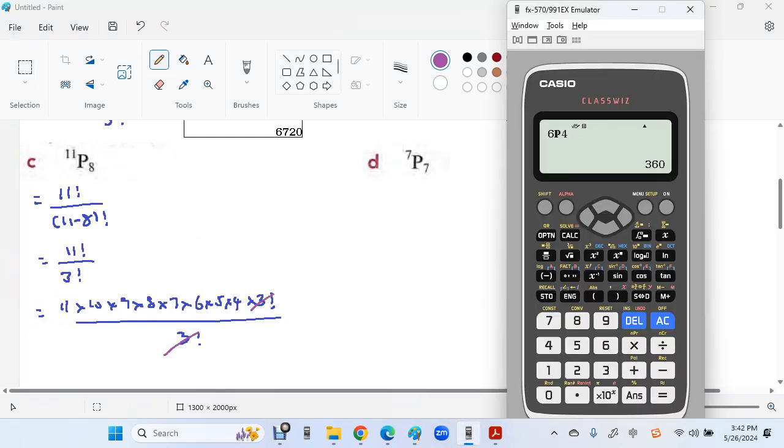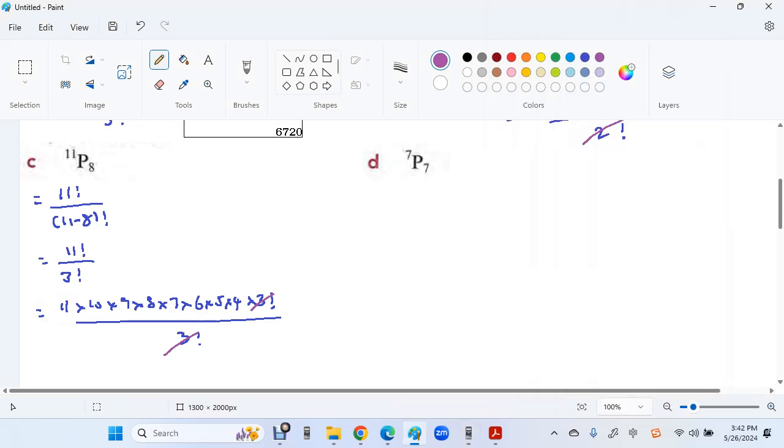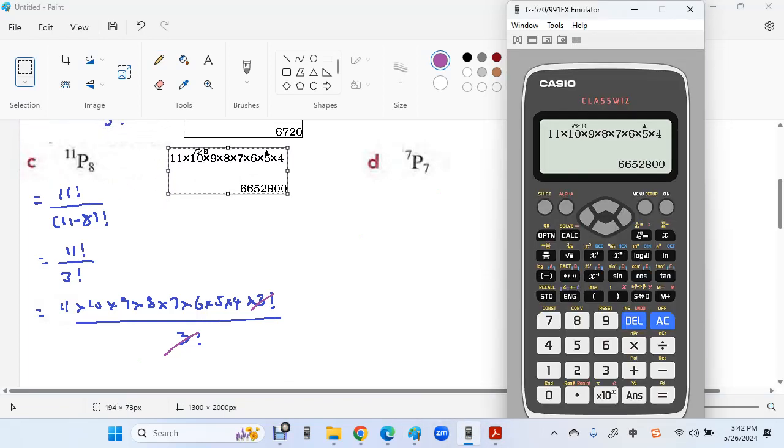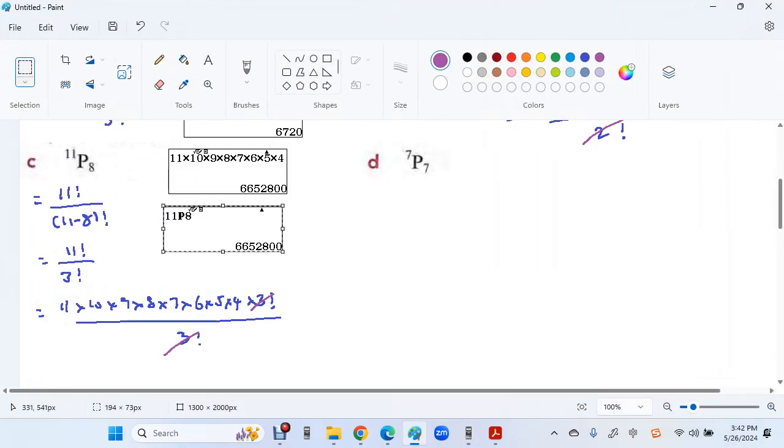So we have 11 times 10 times 9 times 8 times 7 times 6 times 5 times 4. So this is the answer, and the calculator's 11P8 gives the same answer, 6,652,800.